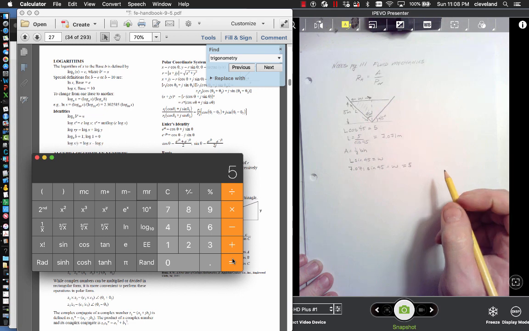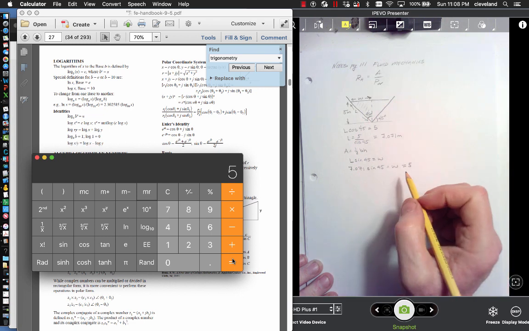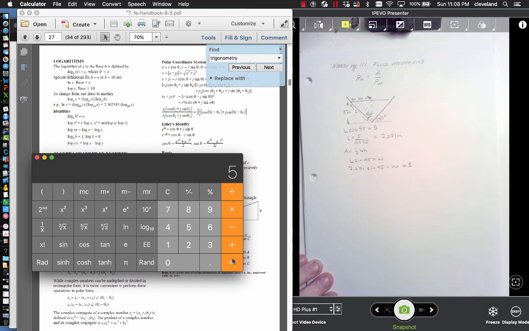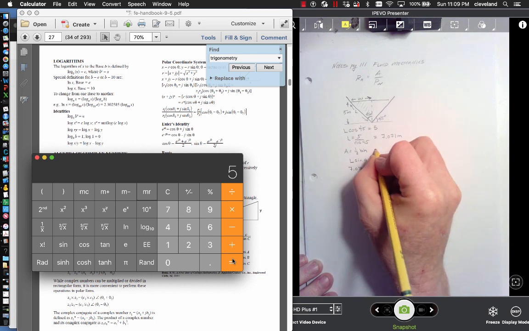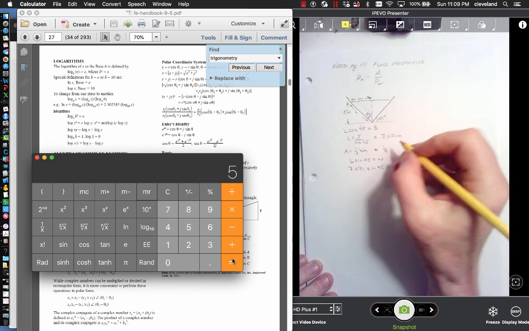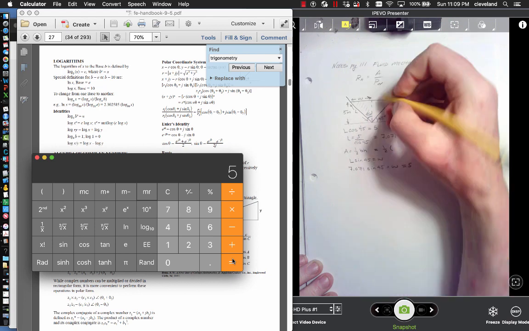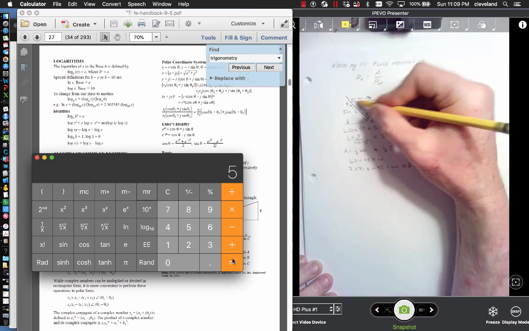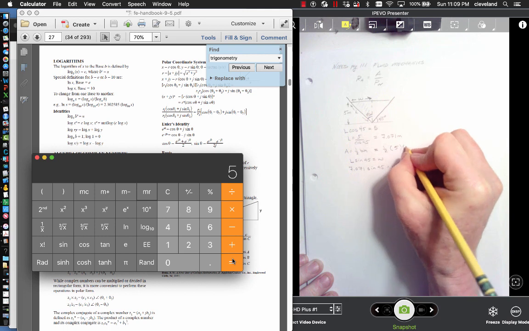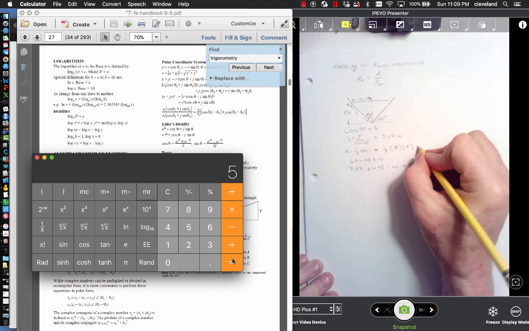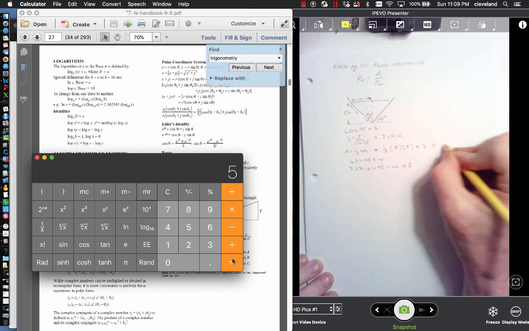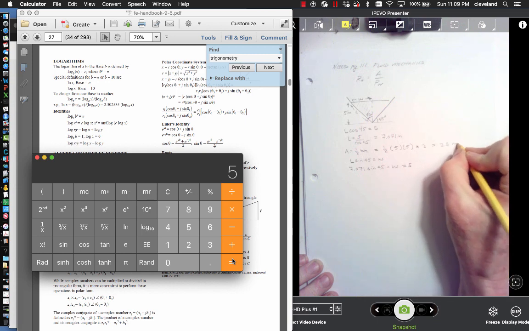No, it's not equilateral triangle. Okay, so 1/2 base times height. The base is 5, the height is 5, 5 times 5. And that takes care of one of them, but then there's 2 of those. So it's 25 meters squared.